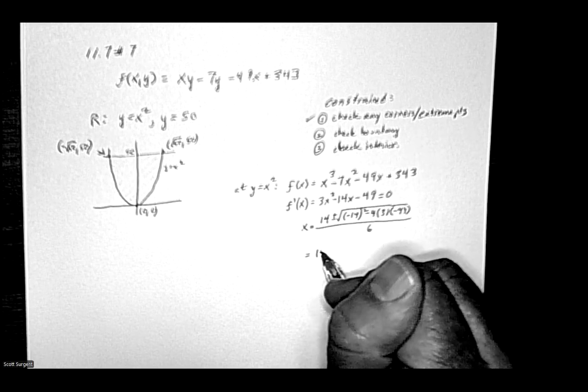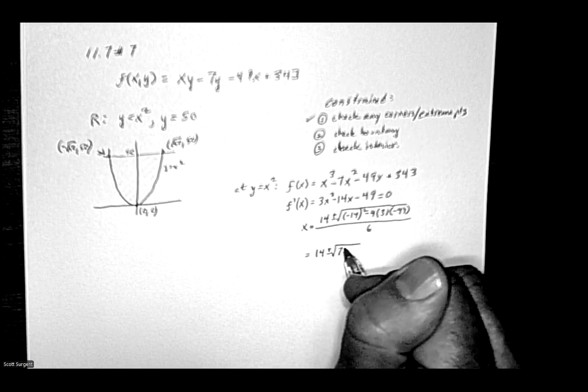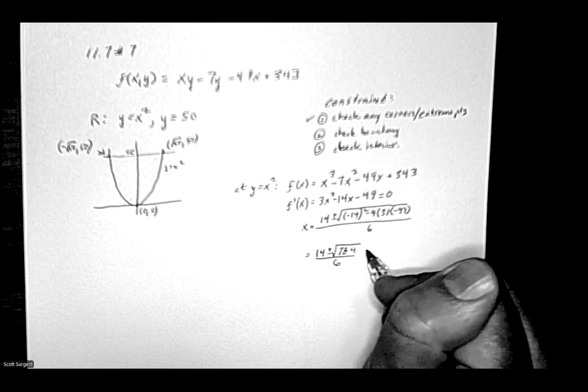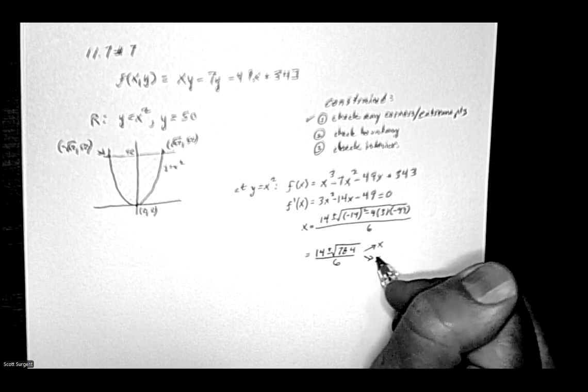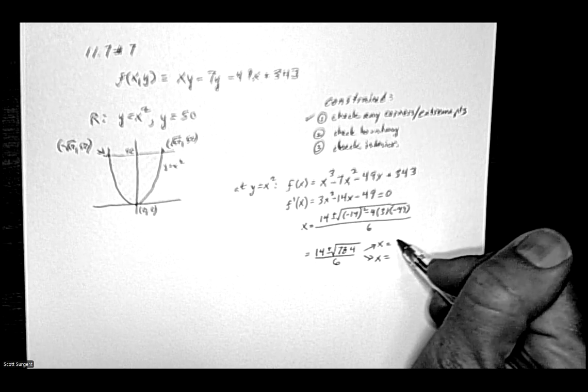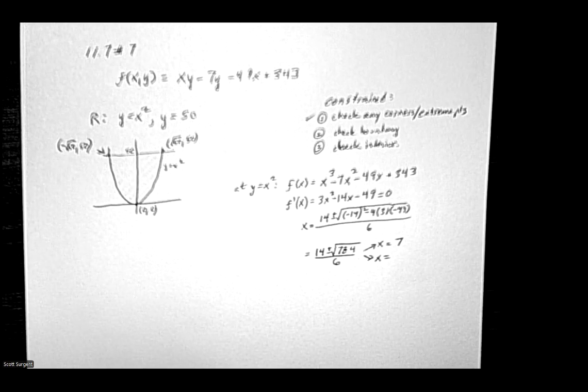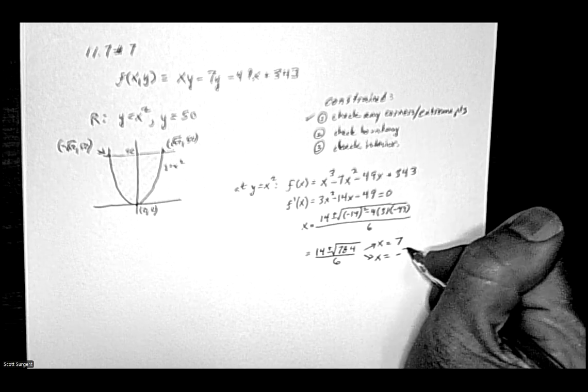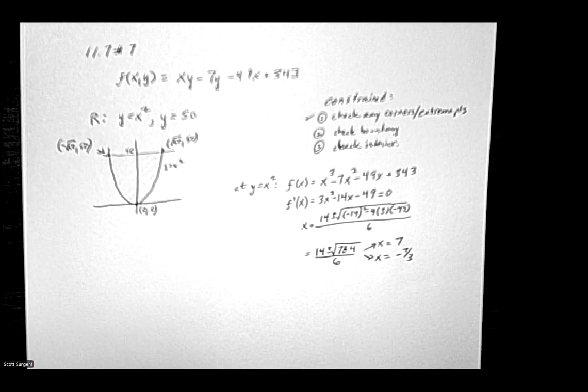So I get 14 plus or minus root 784 all over 6. I'm going to get 2 answers out of this. Let's see what we get. When I do 14 plus that, I get 7. Interesting. And when I do the alternative, I get negative 7/3. So I got some nice answers.